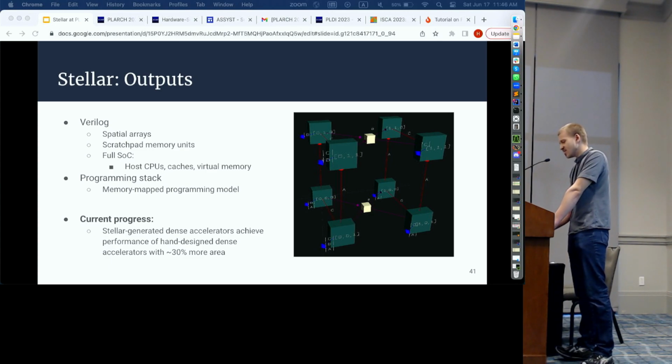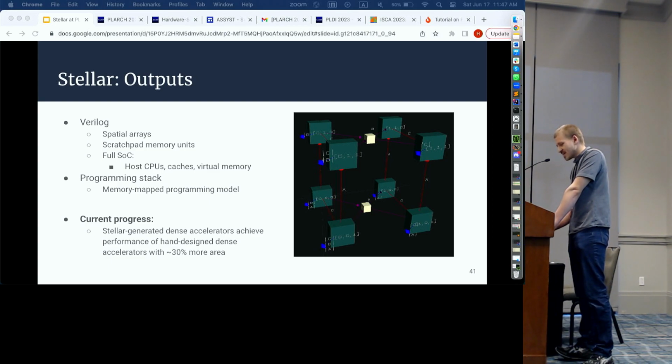We are integrated into the Chisel and Chipyard frameworks, if you have heard of them, which means our users also have access to host CPUs, DRAM controllers, virtual memory support, all of that full SoC stuff. And when users specify their accelerator in the DSL, the compiler also automatically generates a memory-mapped programming interface for them, which lets them build real-world applications.